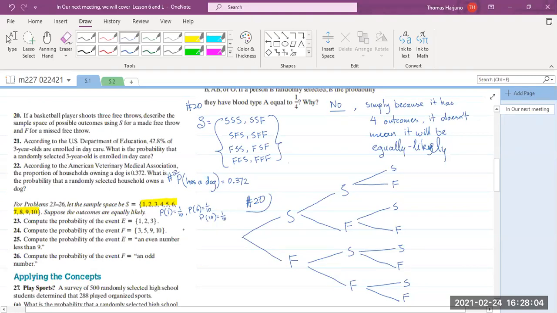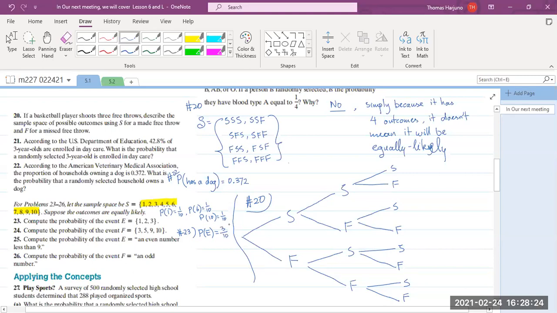So, number 23, what is the probability of getting E? That is the event of getting 1 or 2 or 3. There are 3 outcomes there, so the probability to get any one of those 3 is 3 out of 10.